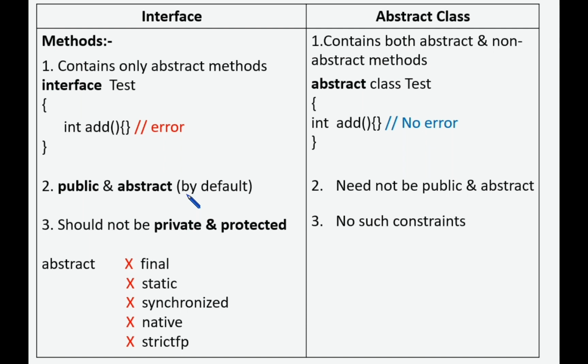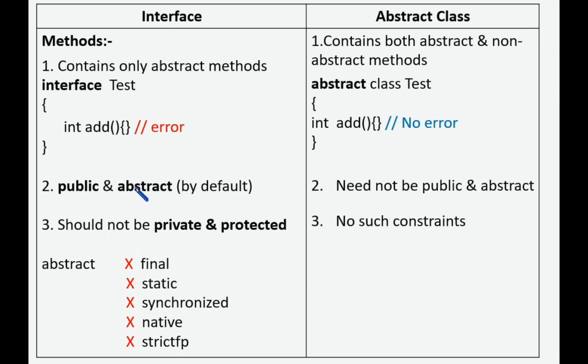By default, the methods are public and abstract. Whereas in case of abstract class, it need not be public and abstract. Here, instead of public, I am giving a private or protected access specifier. What will happen? Definitely the compiler will show an error.